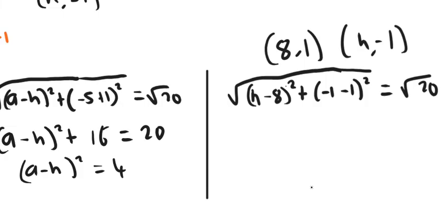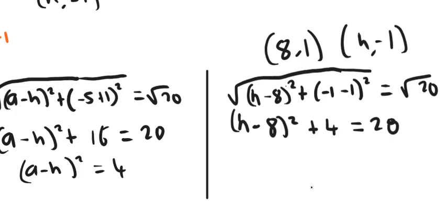So square both sides, so we get h minus 8 squared plus minus 2 squared, which is plus 4, is equal to 20. And we get h minus 8 squared is equal to 16.